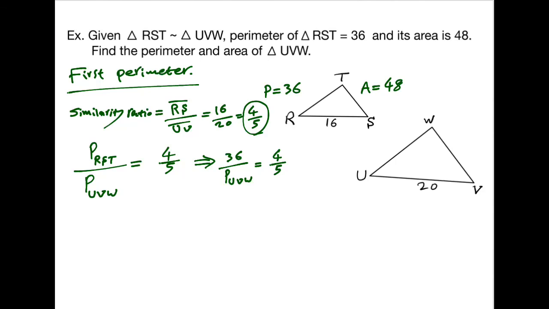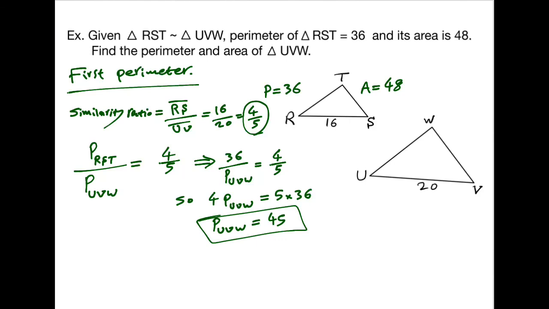So now all you have to do is a cross product. 4 times the perimeter of UVW equals 5 times 36. So the perimeter of UVW equals, dividing both sides by 4, the answer becomes 45. So that's the perimeter of triangle UVW.